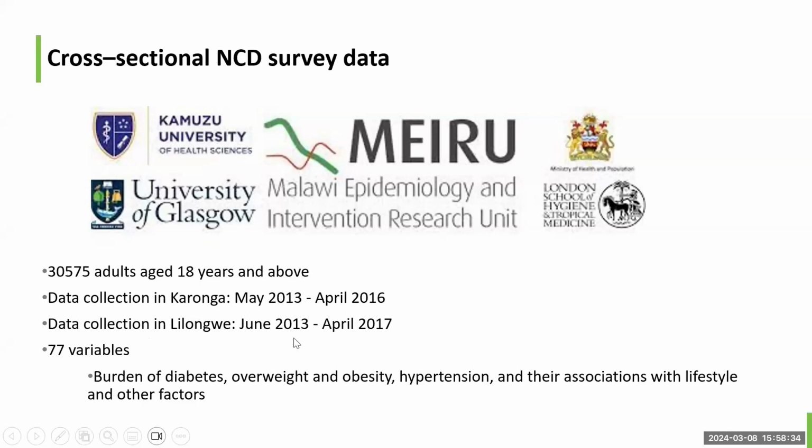The data collection happened in the rural northern part of Malawi called Karonga, and also from the capital city. The data that was earmarked for sharing had 77 variables on the burden of diabetes, overweight, obesity, and so forth.